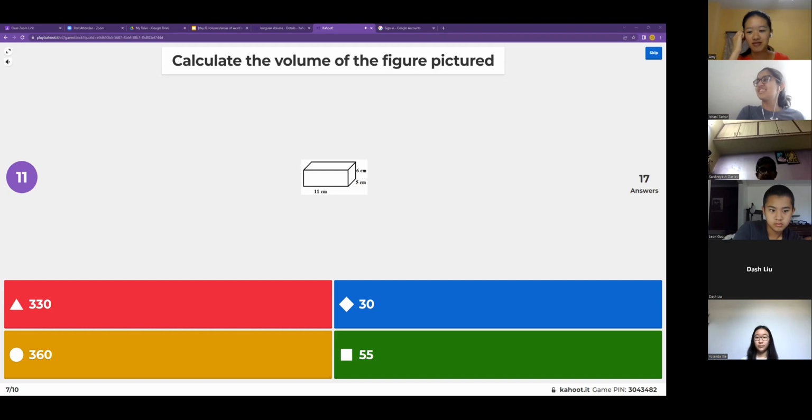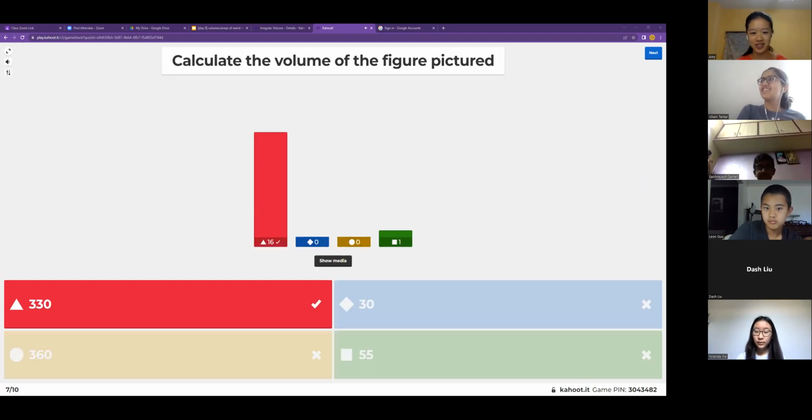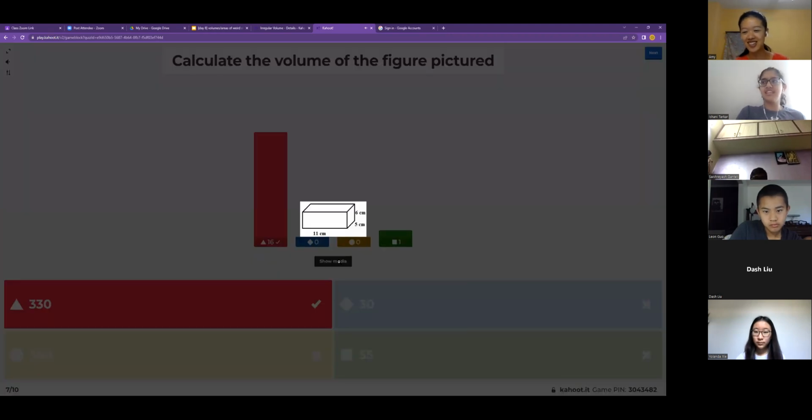Bro, I saw Christina typing on her calculator like a keyboard. I can type on this one fast just because I use it a lot, but I can't type fast on TI. Google calculator is easy. Imagine using Google calculator.